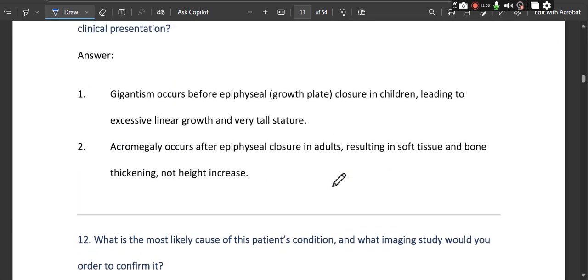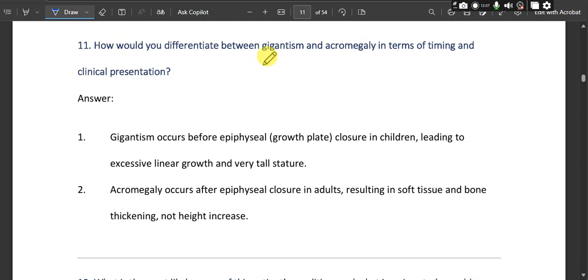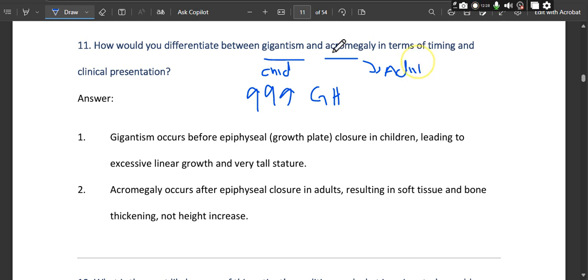How would you differentiate gigantism and acromegaly? Both conditions involve increased growth hormone. Gigantism occurs in children: if a child has increased growth hormone, they'll become a giant. But if it's in an adult, that's when it leads to acromegaly.